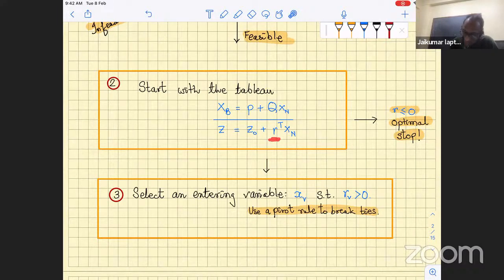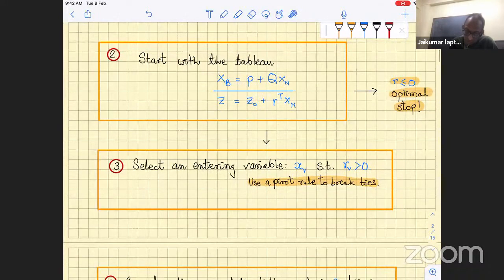If at this point the coefficients of these variables which parameterize the current situation, if all those are less than or equal to 0, we actually have a guarantee that the Simplex method has reached the optimal value, because these xn's have to take non-negative values, and no assignment to these xn's would yield a value better than Z0. Okay, so that's where we are.